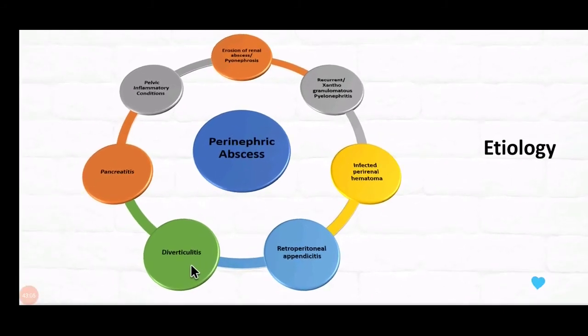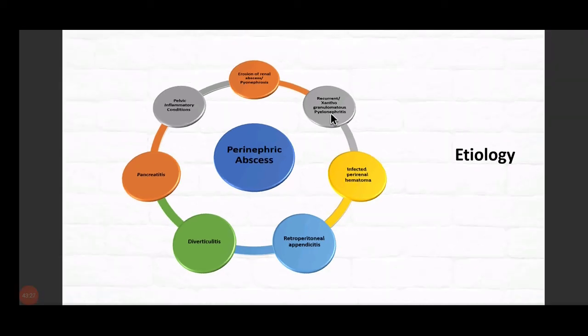But as kidney and colon are related, it may be difficult to differentiate whether it is peri-nephric because of the kidney or diverticulitis. Retroperitoneal appendicitis, if it complicates and forms an abscess, will also be difficult. Infective perirenal hematoma, xanthogranulomatous pyelonephritis, and so on. So there can be multiple causes for a collection in the peri-nephric region.